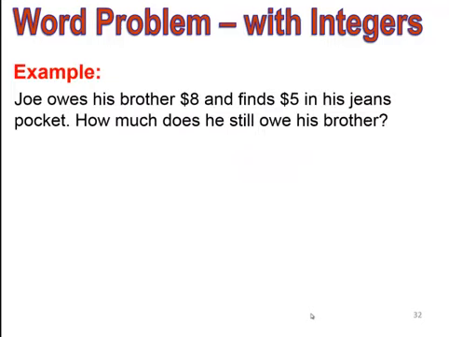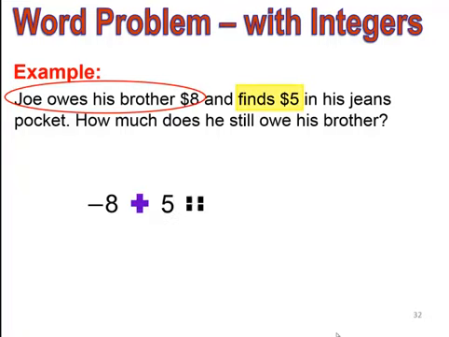Joe owes his brother $8 and finds $5 in his jean pocket. How much does he still owe his brother? In this case, we see that Joe owes his brother $8, which means he's a -$8. He owes money. It is a negative value. But because he just found $5, he actually has $5 to give to his brother.